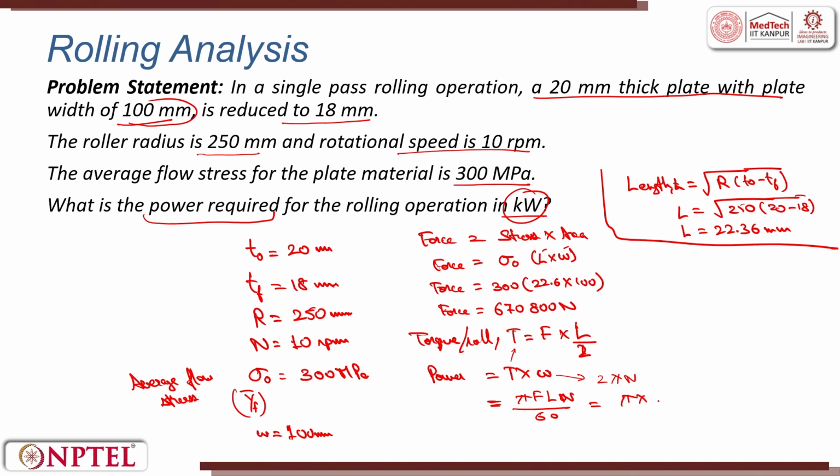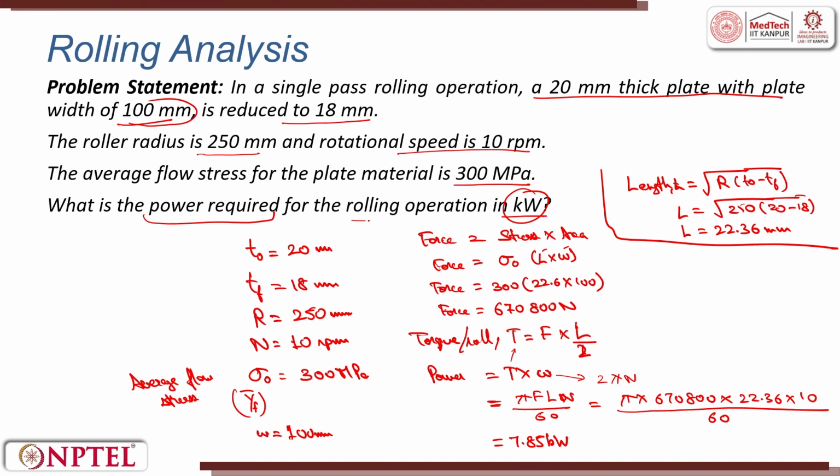Which gives me pi into force, that is 670,800, into length, which is 22.36, into rotation speed, that is 10 rpm by 60, and this is equal to 7.85 kilowatts. This is power required for rolling operation.